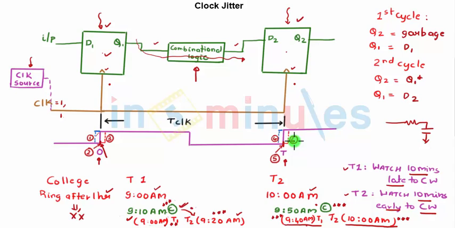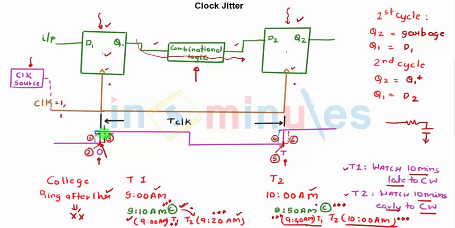Because of the PLL, there are some variations and the clock does not arrive exactly at the time we want it to arrive. The PLL itself goes through manufacturing variations. It might also have interconnect delays, and this variation will lead to my clock not arriving at the right time to both my flip-flops. And this is nothing but clock jitter.